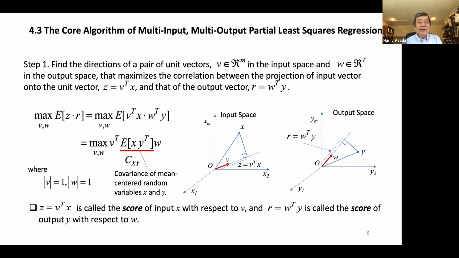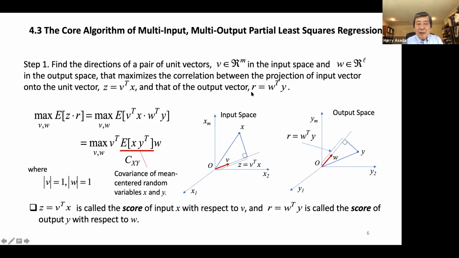Step 1: find the directions of a pair of unit vectors, V in the input space and W in the output space, that maximize the correlation between the projections of the input vector onto V, which is V transpose X, that's the inner product, Z, and that of the output vector.